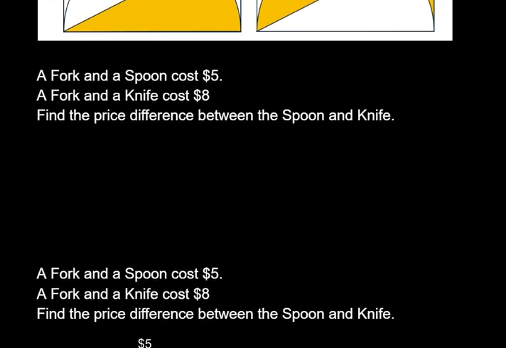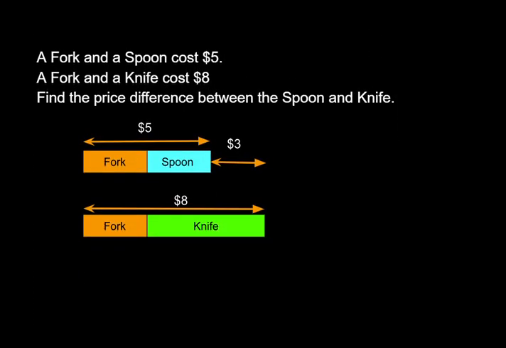Okay. So if we use a model to solve such a question, how does it look? We have a fork and a spoon that cost $5. I draw a fork, I draw a spoon, and I say it's $5. A fork and a knife cost $8. I draw a fork and a knife, it costs $8.